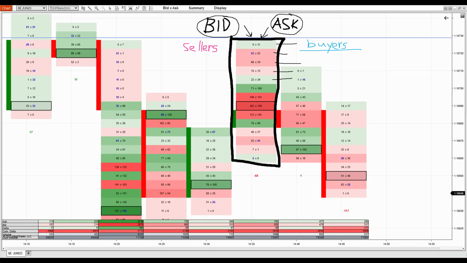So ask is buyers, bid is sellers, aggressive buyers and aggressive sellers, I should say. All right, so if you look at this footprint, for example, then in here, 162 contracts were aggressive sellers, right? On the other hand, in here, we see 139 aggressive buyers at this price level.